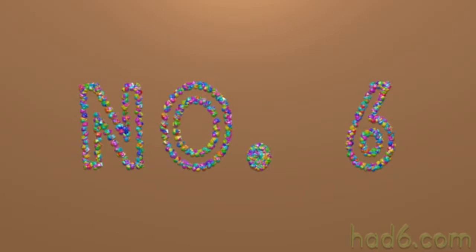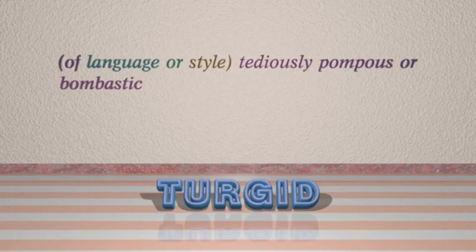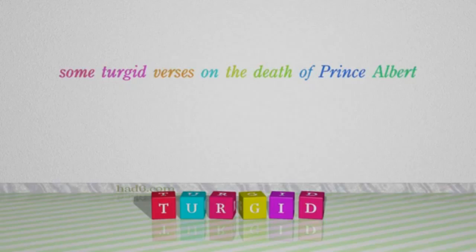Number 6. Turgid, which means of language or style tediously pompous or bombastic. Turgid. For example, some turgid verses on the death of Prince Albert.